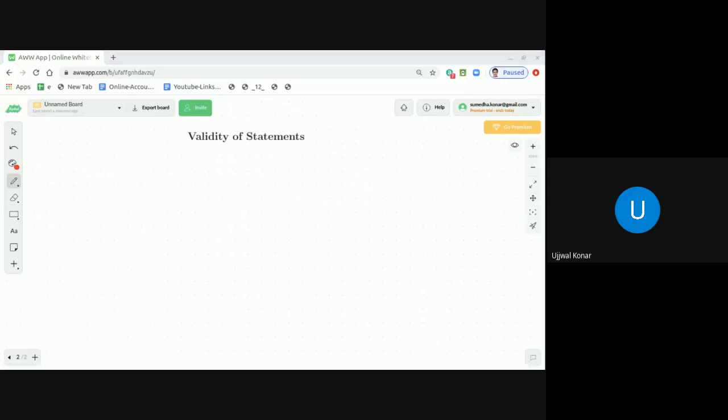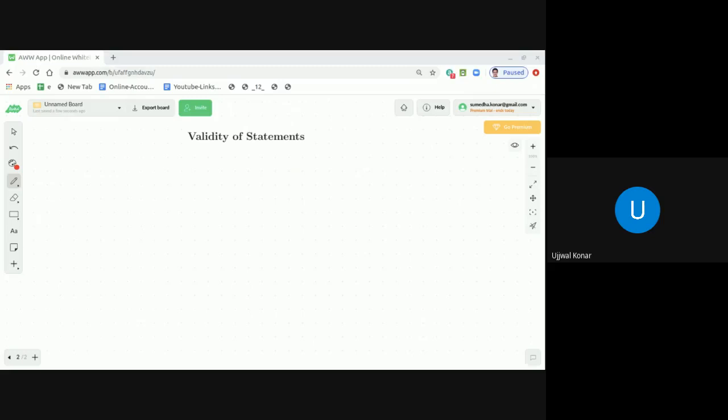Validity of a statement means checking when the statement is true and when it is not true. I repeat, validity of a statement means checking when the statement is true and when it is not true. Validity of a statement depends upon which of the connectives, quantifiers, and implications is used in the statements.